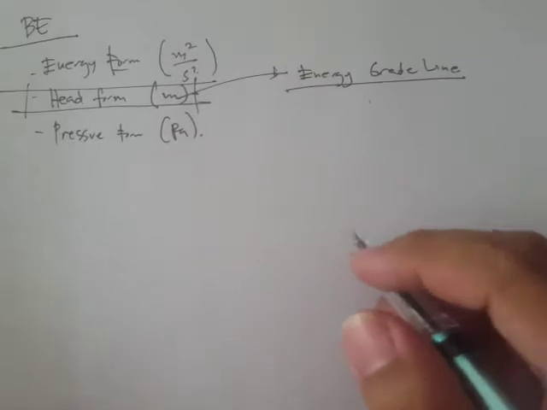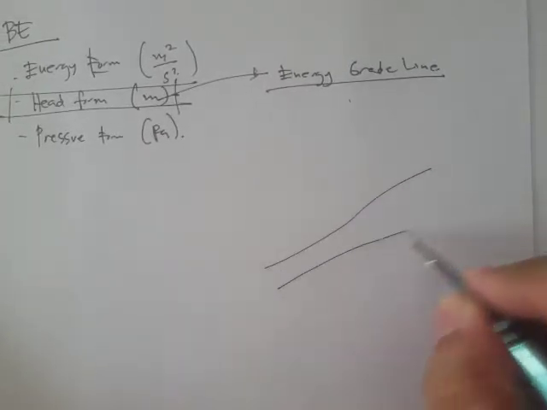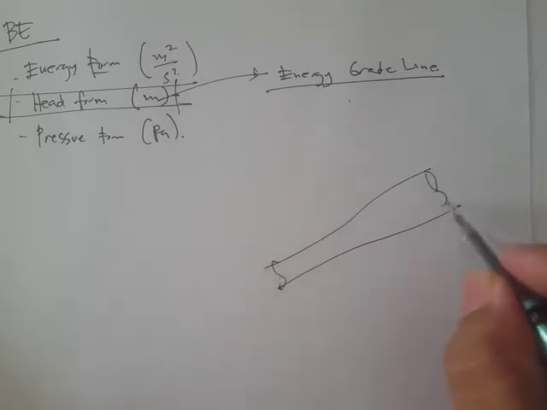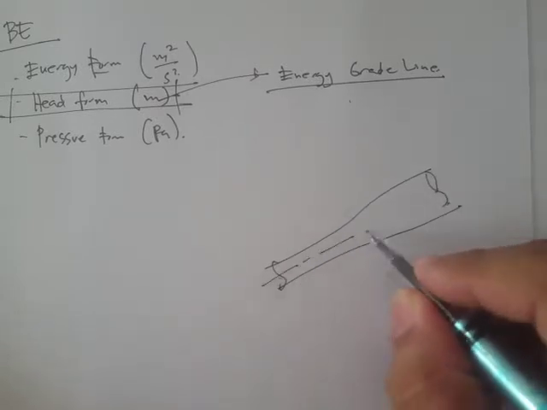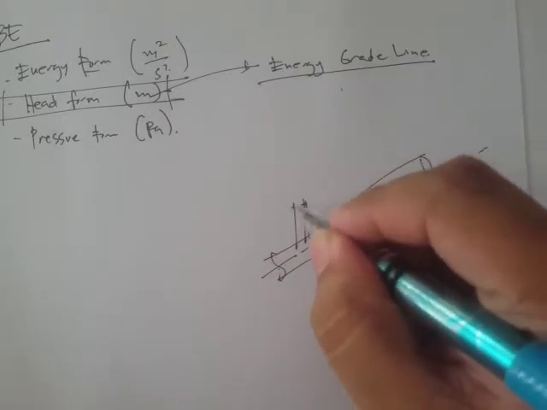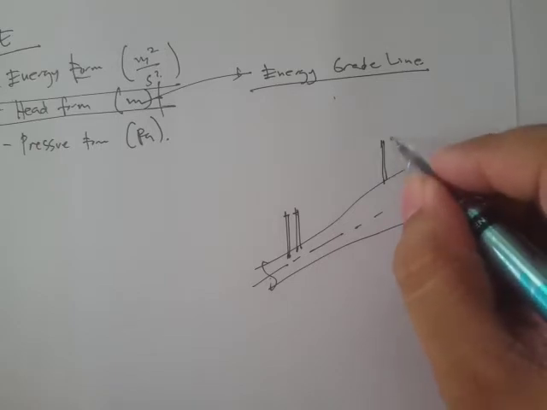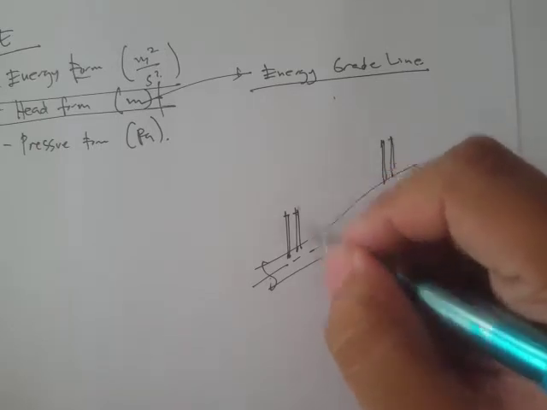Okay, so for example, let's say you have a conduit right here. Let's say this is our center line. Let's say this is our point 1, and at point 1 we attach a piezometer, and at point 2 we attach another piezometer.